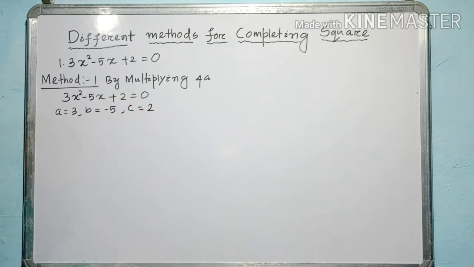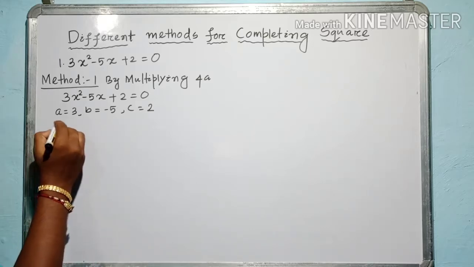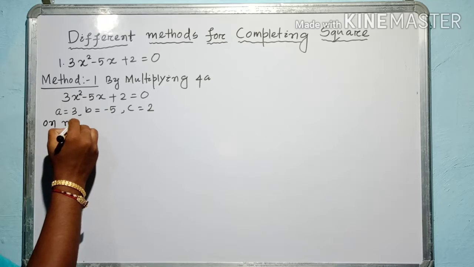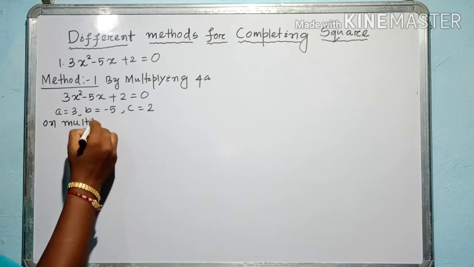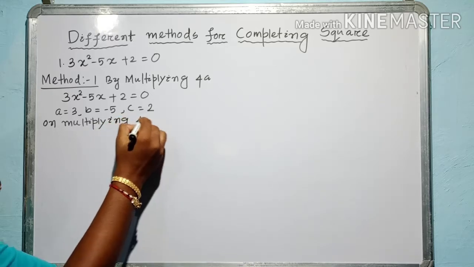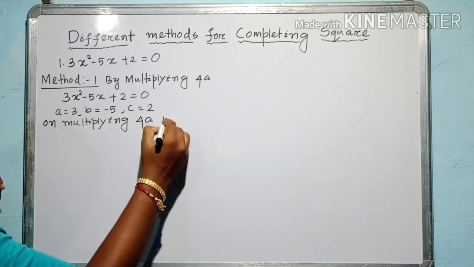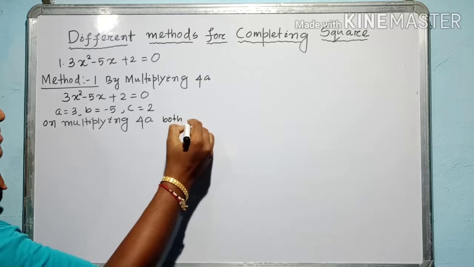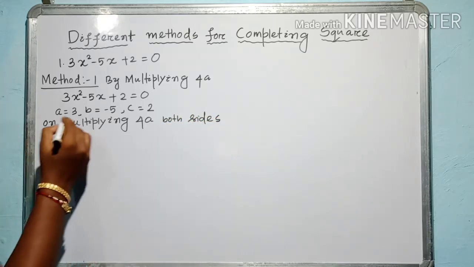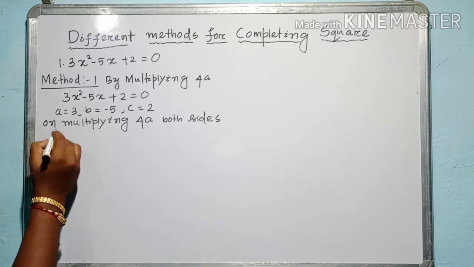We have to multiply by 4a on both sides.